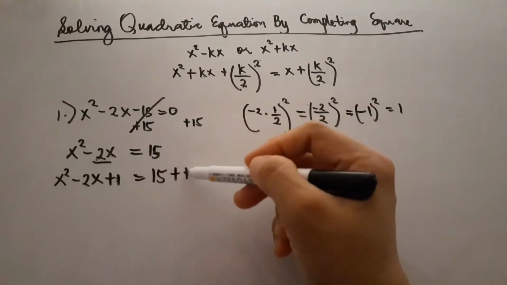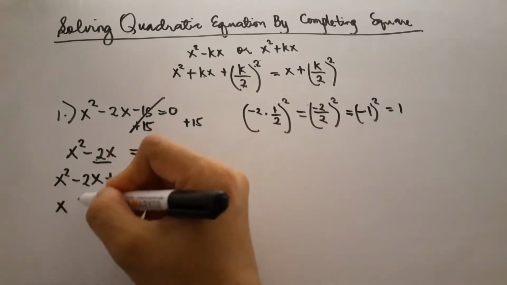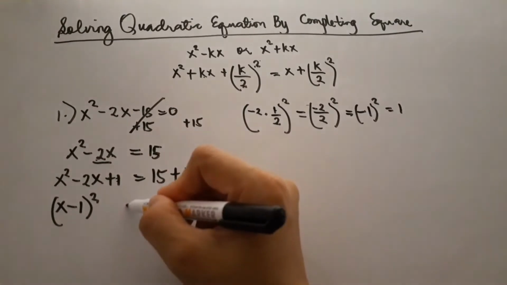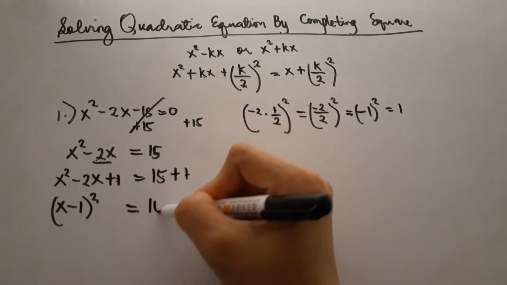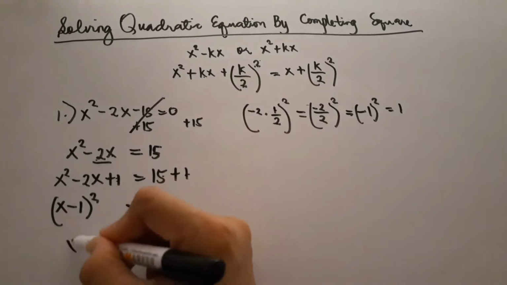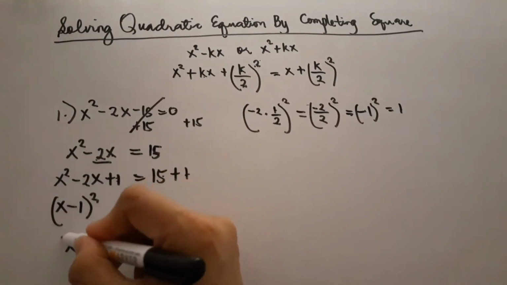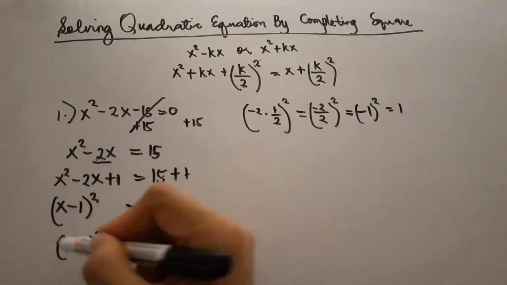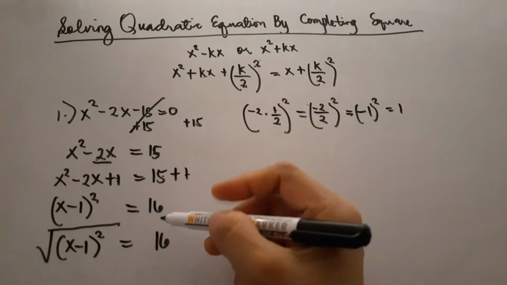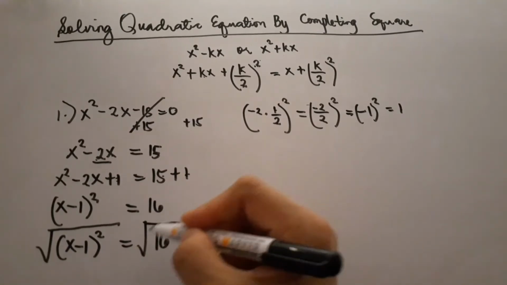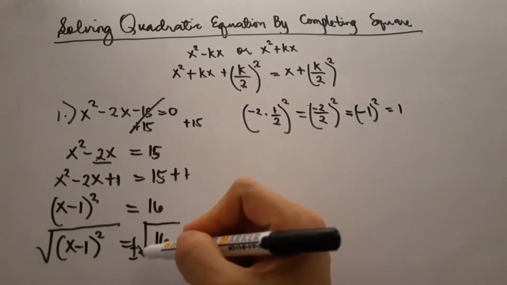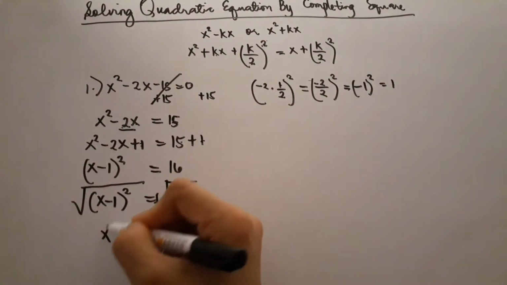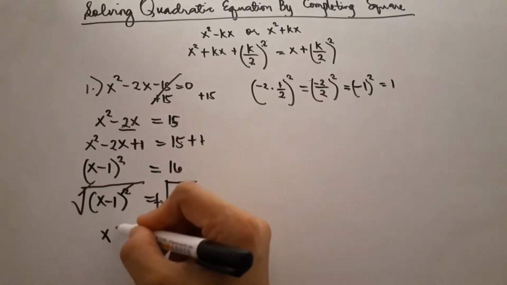And this equation we can factor. So we have x negative 1 squared, and then 15 plus 1 is 16, so x negative 1 squared is equal to 16. We apply the square root theorem to both sides, and we add plus or minus here, don't forget, and then the square and the square root cancel out.